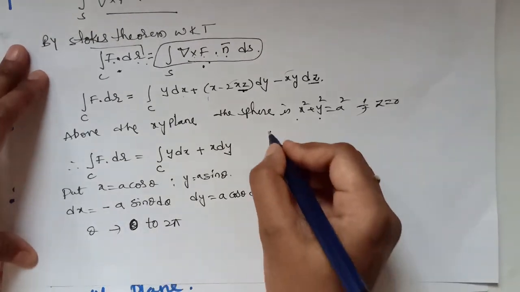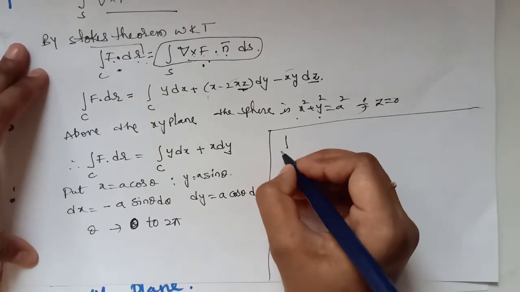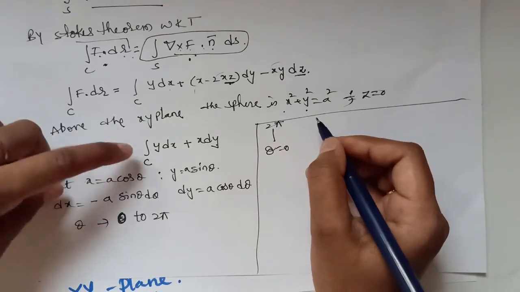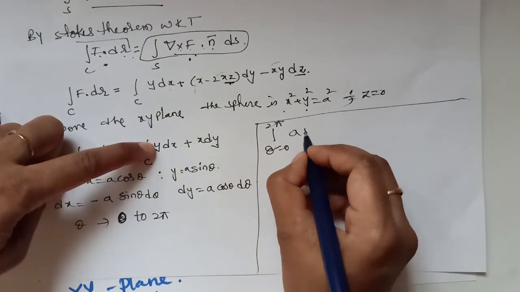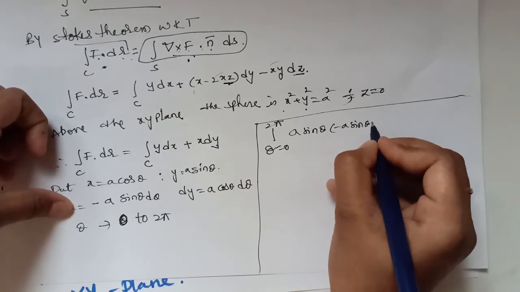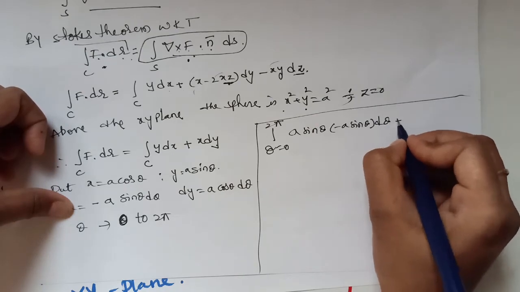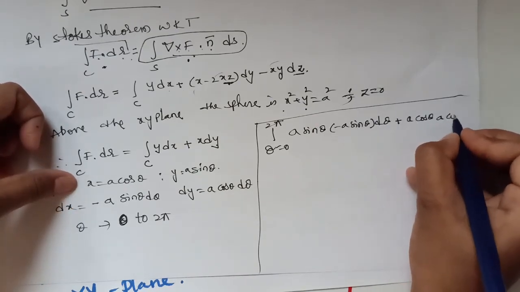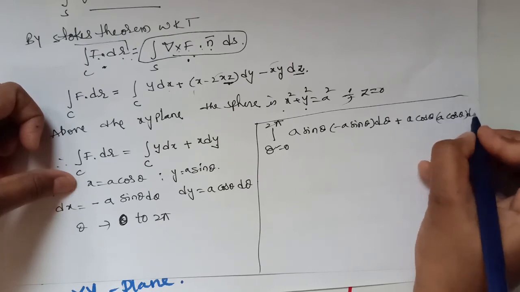Therefore, integral theta is equal to 0 to 2 pi, y is a sin theta, dx is minus a sin theta d theta, plus a cos theta into a cos theta d theta.